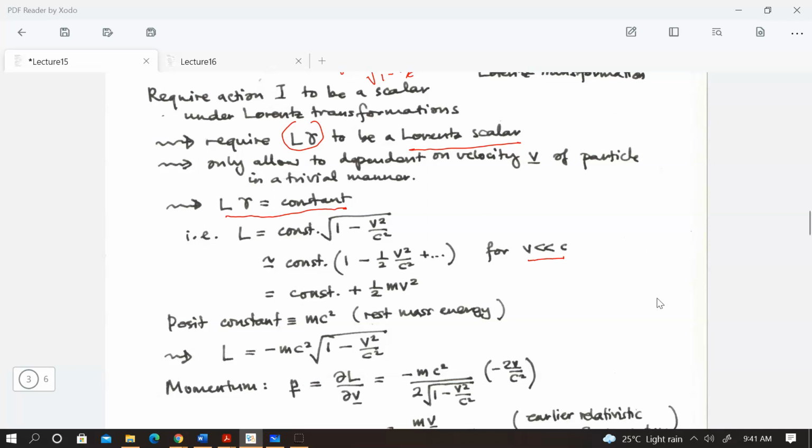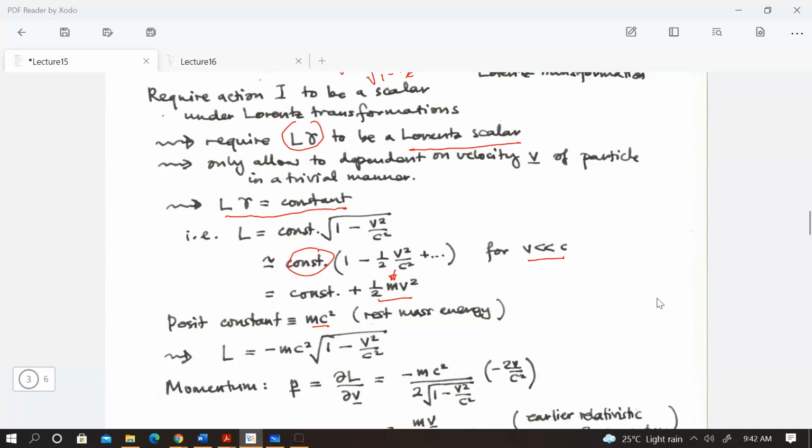And this looks familiar. If I choose the right constant over here, then this could be turned into your kinetic energy, which is precisely the term that we have for the classical case. So the constant that we need to put in over here will be your rest mass energy.